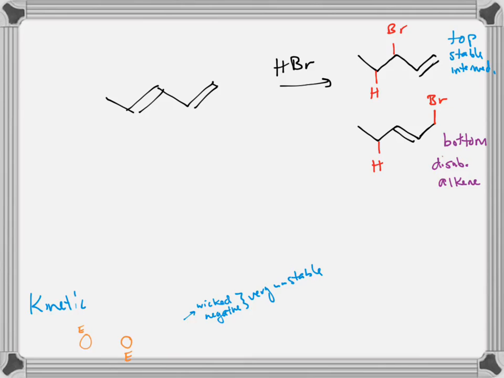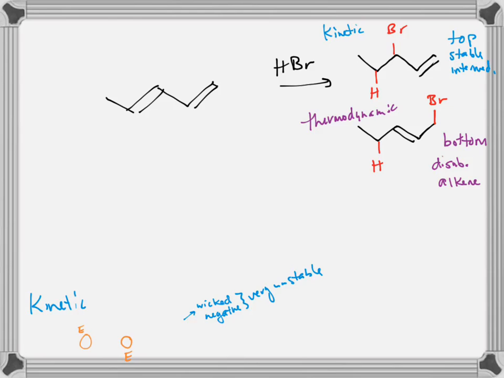What we've got in this case for that top one is the kinetic product, because the intermediate was the most stable, which means the transition state is lower, we get a faster product. If we move to the bottom one, that's thermodynamic. We have a thermodynamic product, because the alkene, our final product, is at a lower energy.